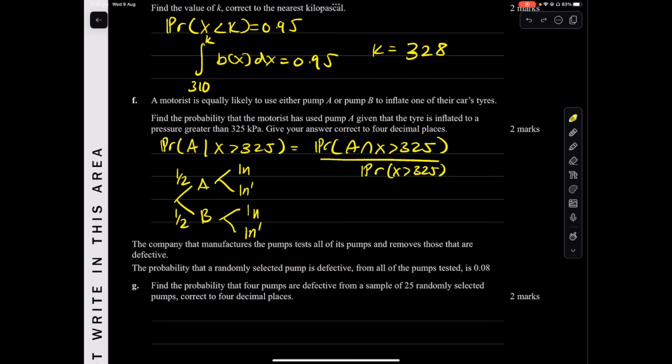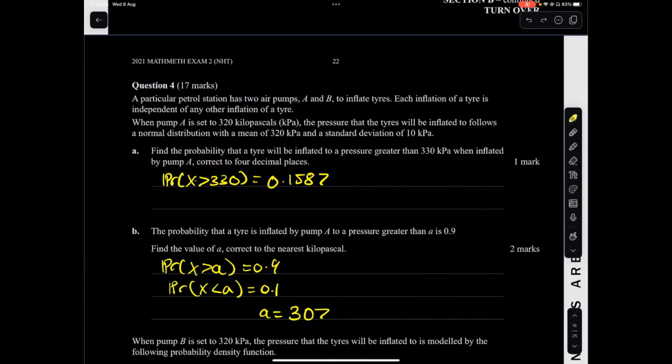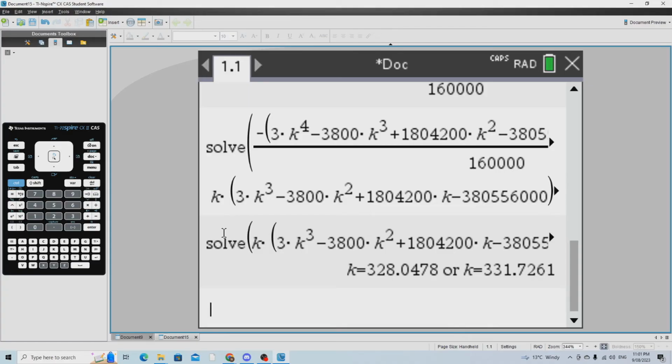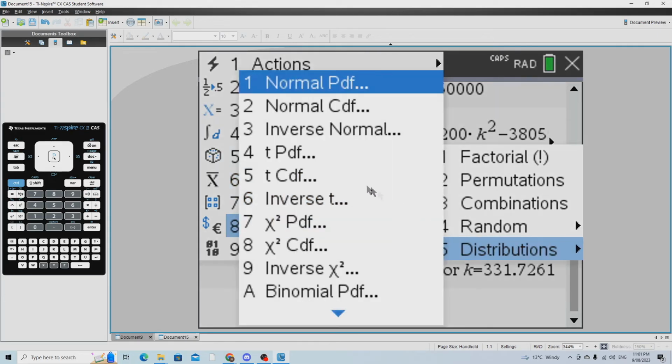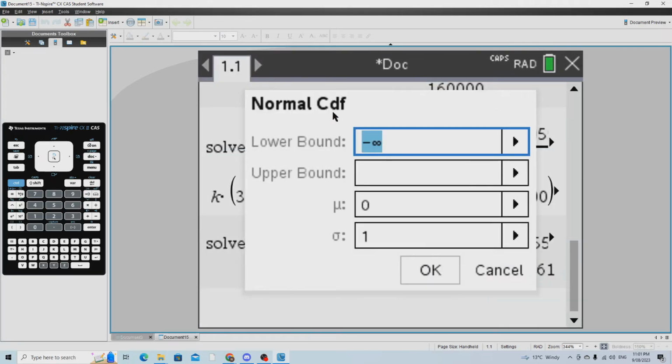Going back up to the question, we say menu, probability distributions, normal CDF, 325 to infinity, your mean value is 320, and your standard deviation is 10.